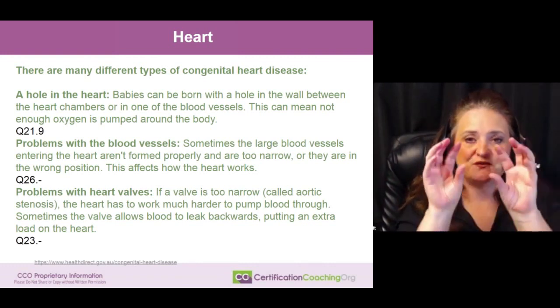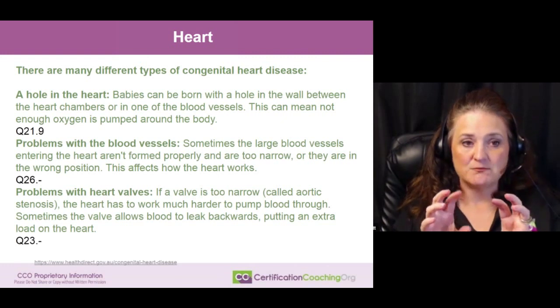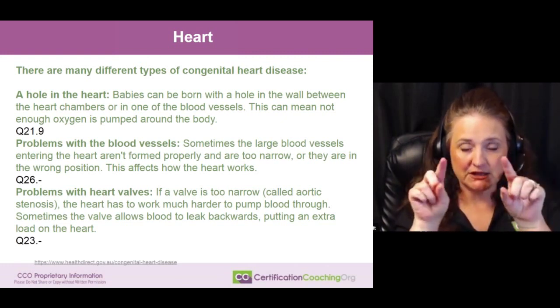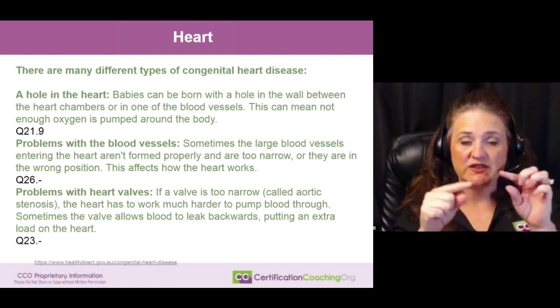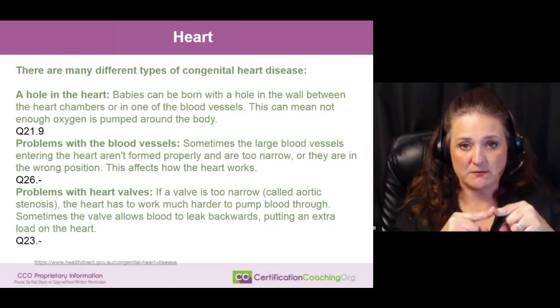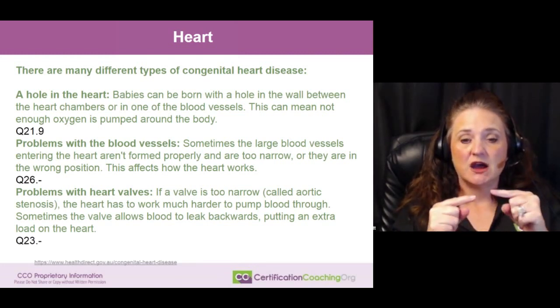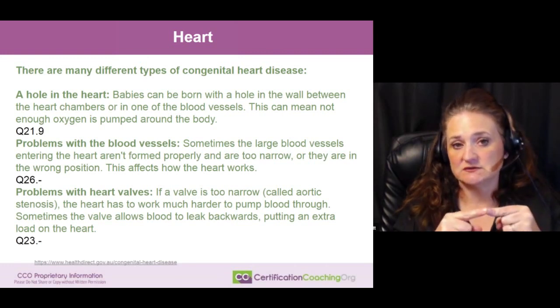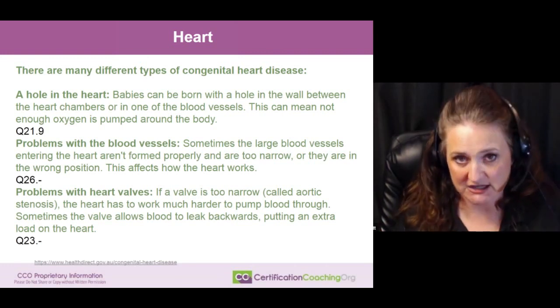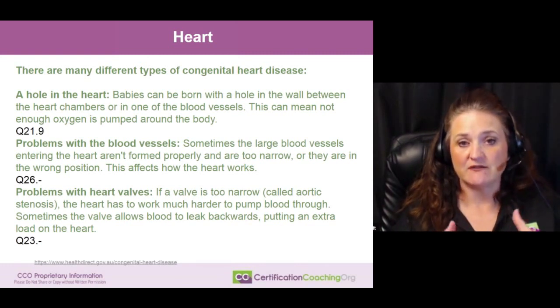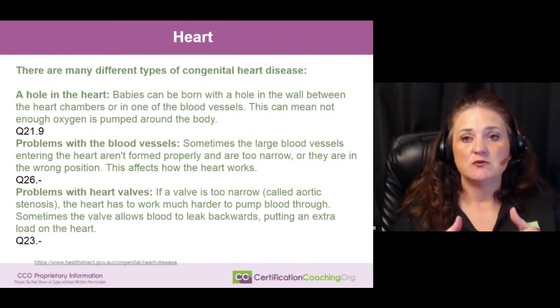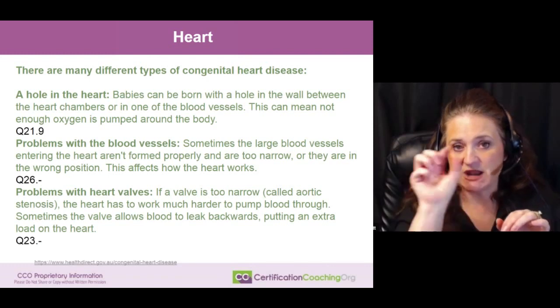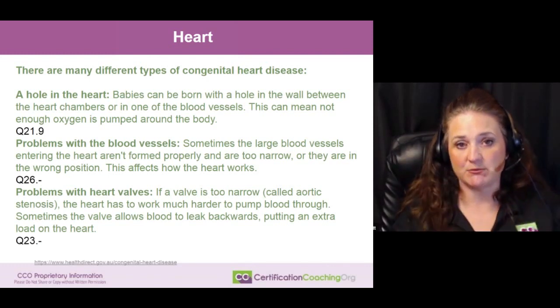So those four chambers are meant to be completely enclosed with a valve between them, right? You can have mitral valve defects, you can have valve defects of the heart, but you can also have holes in the heart, not where the valve is, but actual holes between the chambers.